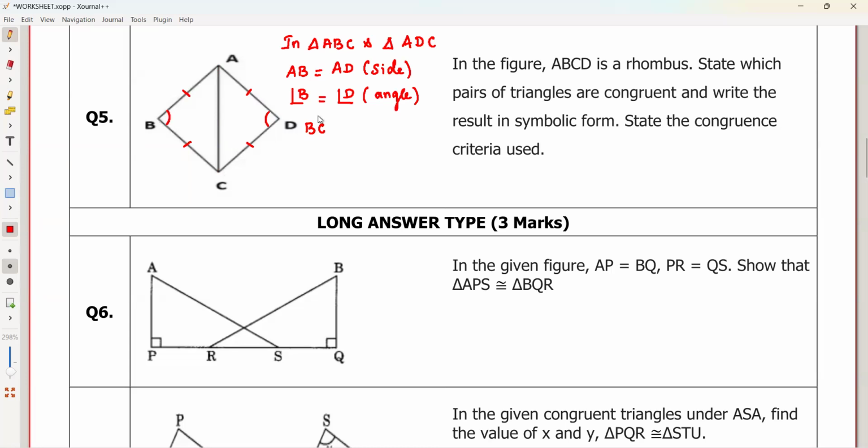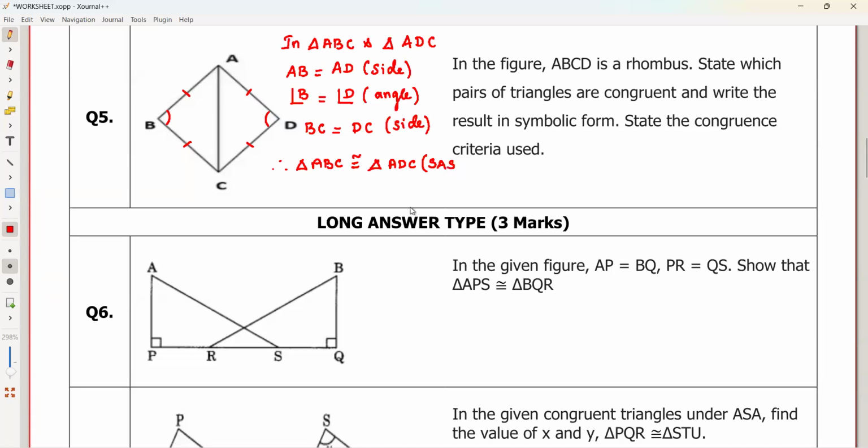So we should go with only BC. BC is equal to DC. That is side. So therefore I can just say triangle ABC is congruent to triangle ADC based on side angle side, SAS criteria.